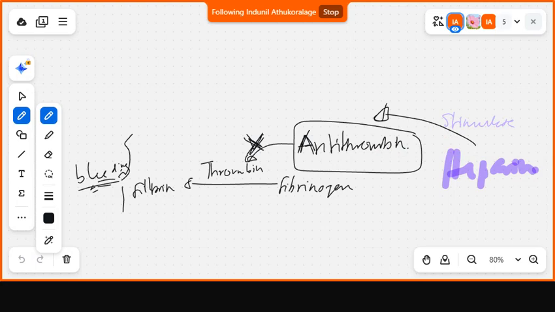So once antithrombin is activated or stimulated, it will inhibit thrombin, and then thrombin inhibition will stop conversion of fibrinogen into fibrin, right? So is the mechanism clear to you?